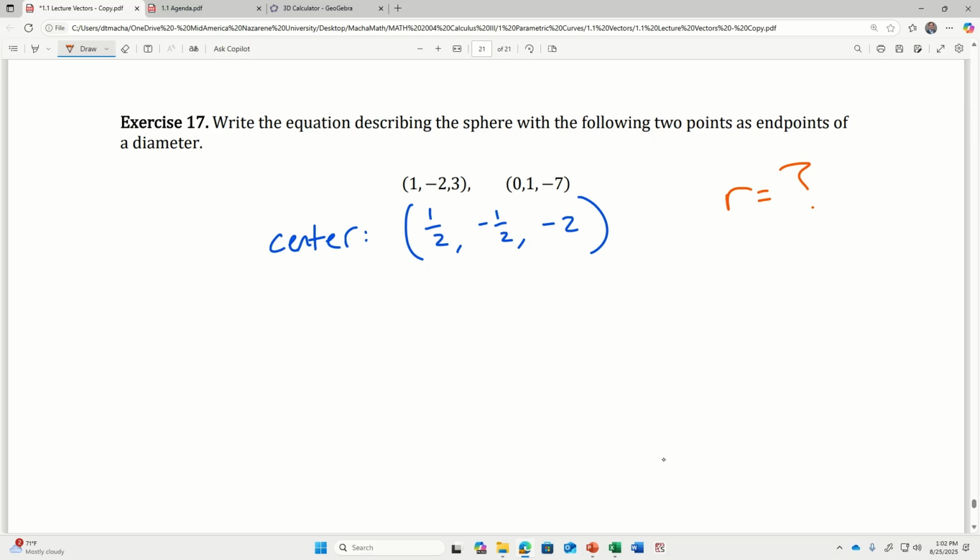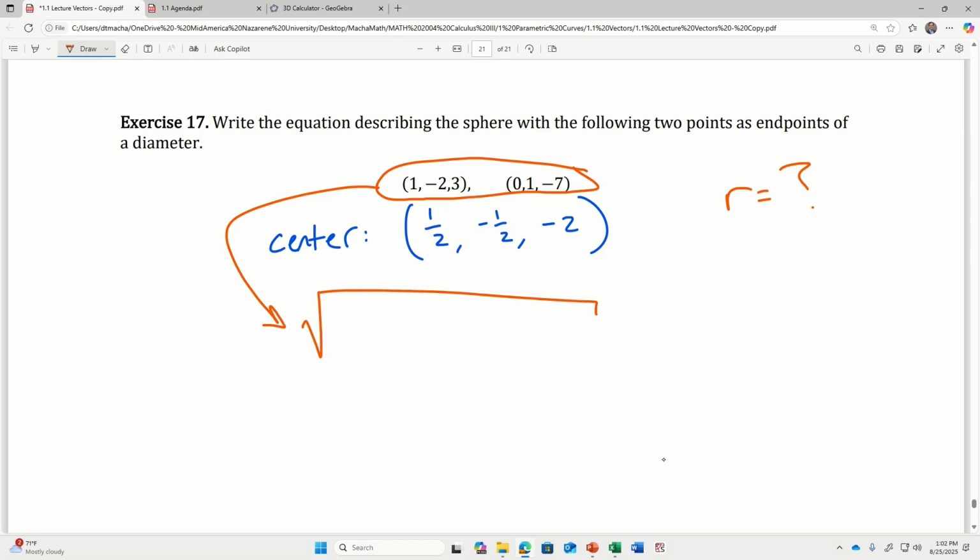I like dealing with whole numbers. I don't like fractions. And so I'm going to avoid using fractions until the very end, I hope, by just finding the distance between these 2 points, finding the length of the diameter. And so that is going to be the square root of 1 minus 0 squared plus negative 2 minus 1 squared plus 3 minus negative 7 squared.